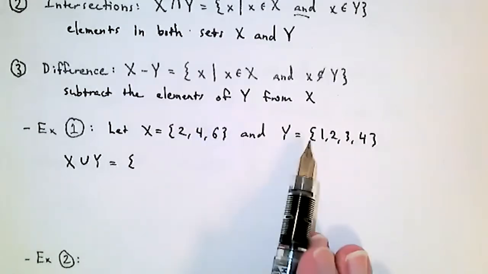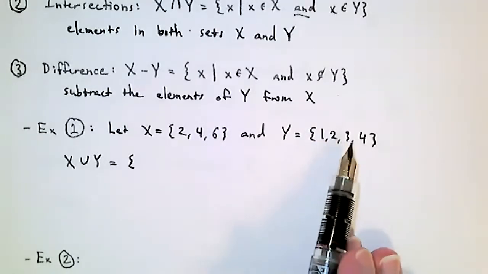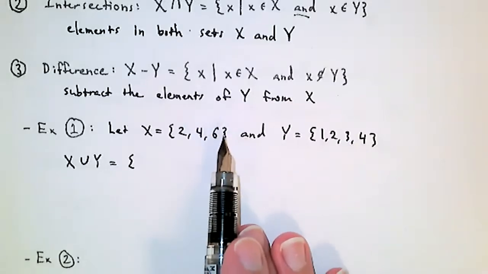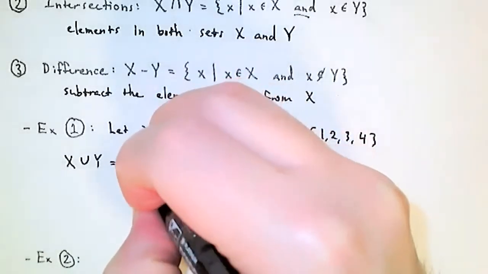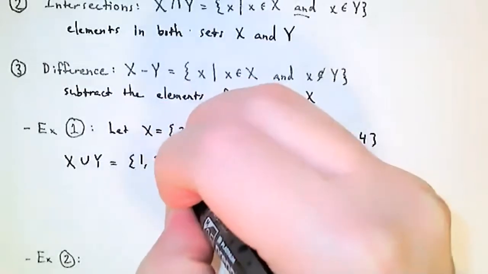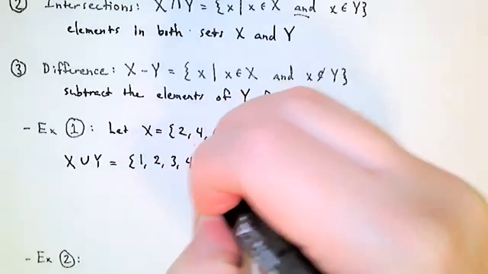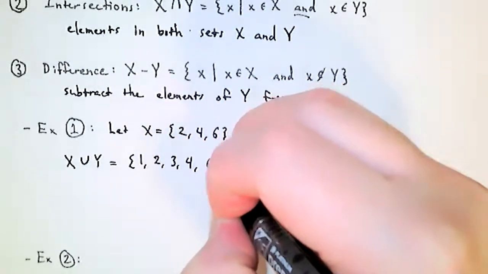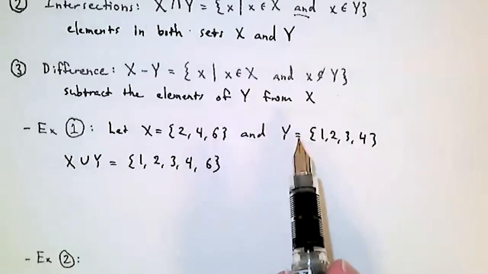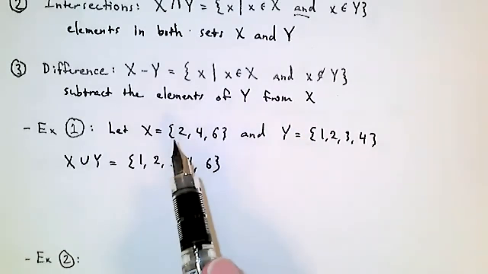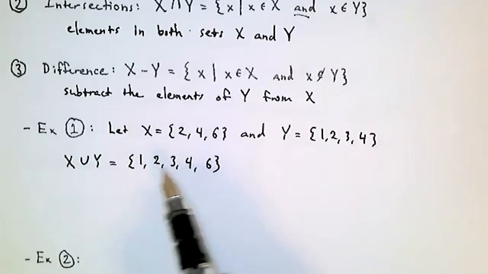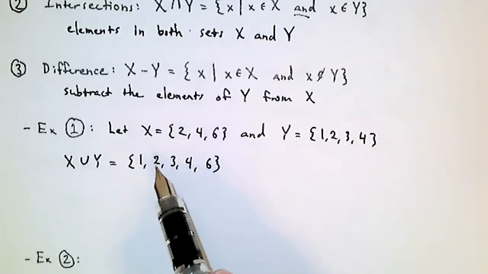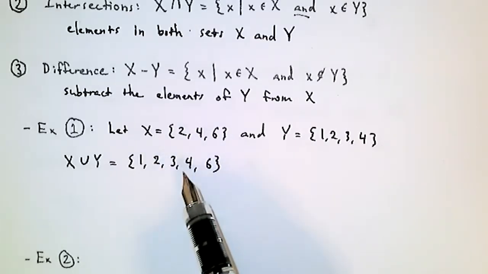So we just put all of the elements together. 1, 2, 3, 4, and then 5 isn't in either of them, but we do have 6. So all of the elements together. And you should pay attention that I didn't have to write 2 and 4 twice down here. So once you have an element in your set, you don't have to write it more than once.